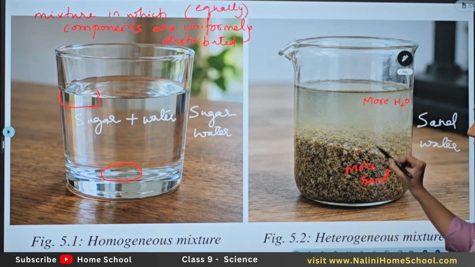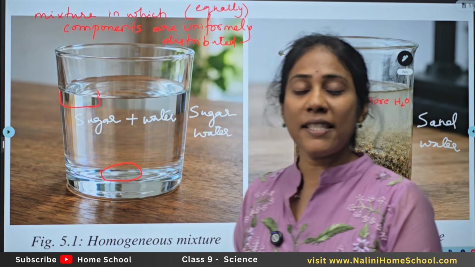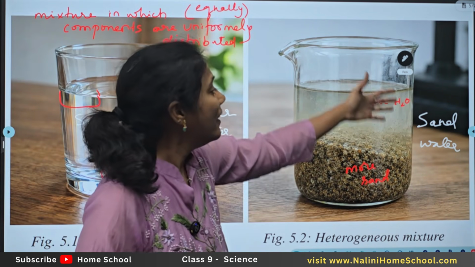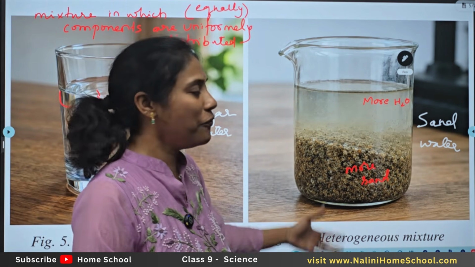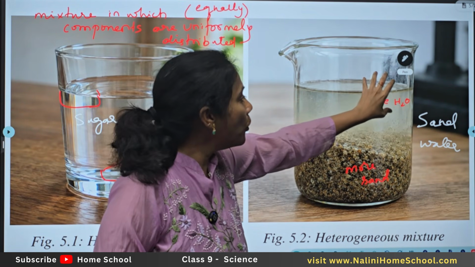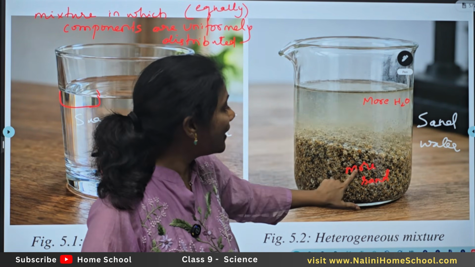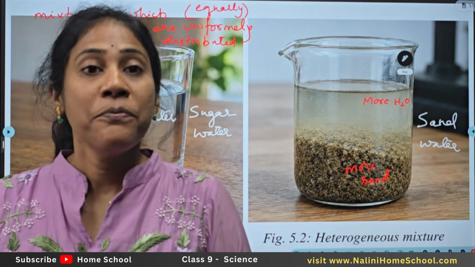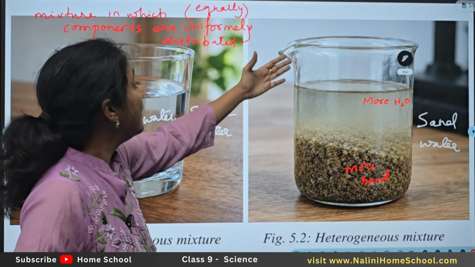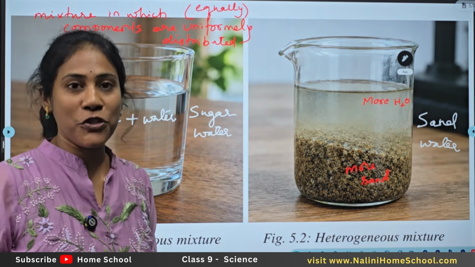Is there an equal distribution of both sand and water everywhere in this beaker? No. It is different. Here more water, less sand; here more sand, less water. So this is not uniform distribution.